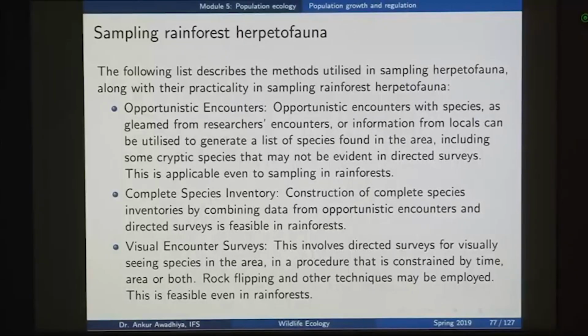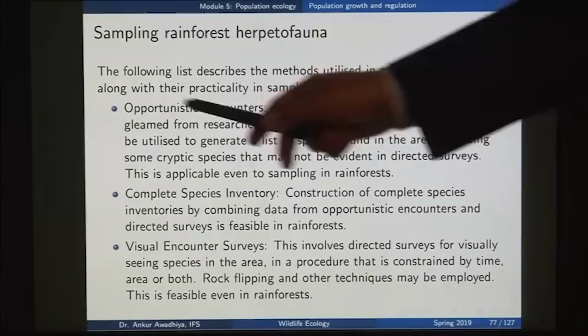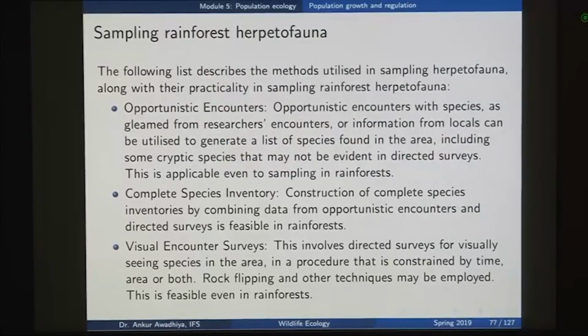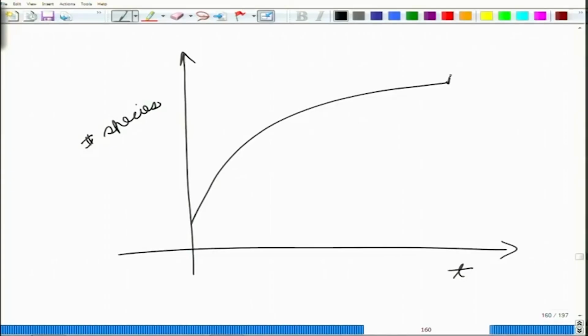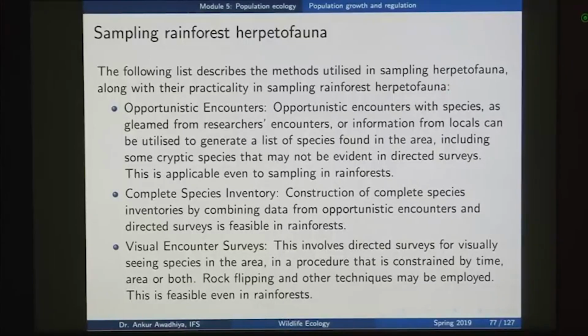Opportunistic encounter means that you went into the forest and there was a chance encounter of some animal. So, you went into the rainforest and you saw a frog that was red and yellow in color, and probably you had never seen this frog before. So, in that case you will add one more species to the species accumulation curve. So, that is an opportunistic encounter.